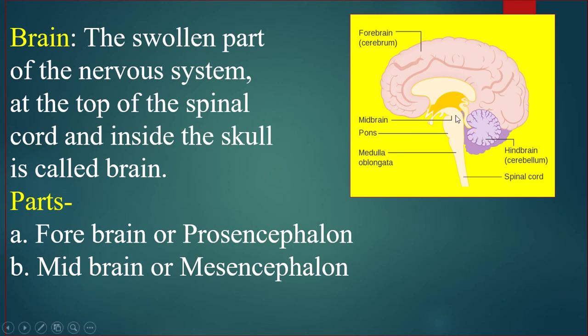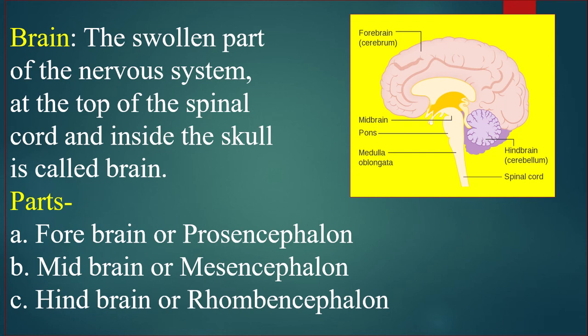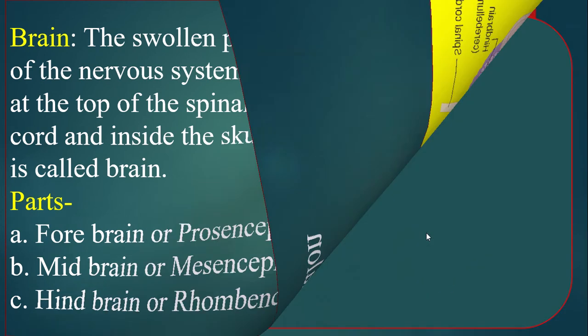The short region between forebrain and hindbrain is midbrain or mesencephalon. Number 3, hindbrain or rhombencephalon. The lowermost part of brain is hindbrain, that means cerebellum, pons, medulla oblongata. These three regions combined form our hindbrain or rhombencephalon.